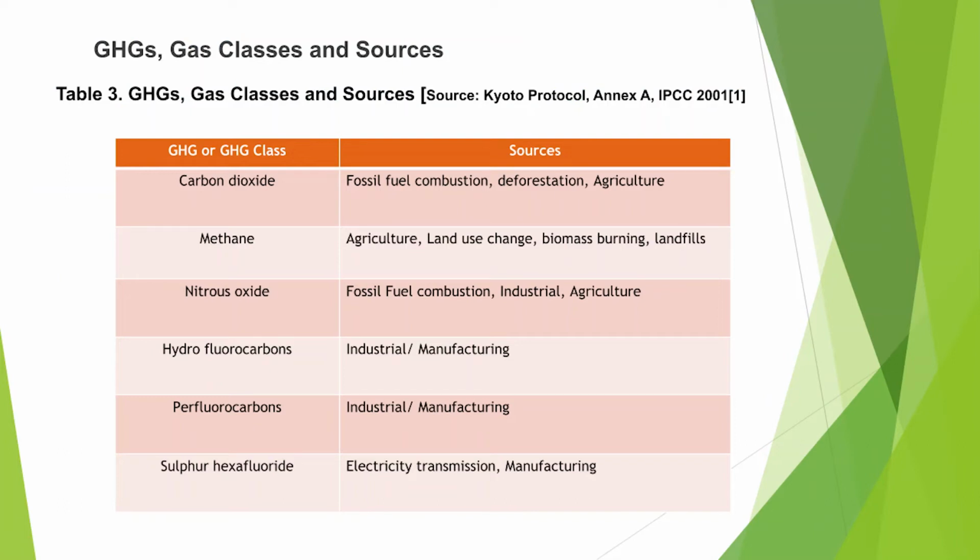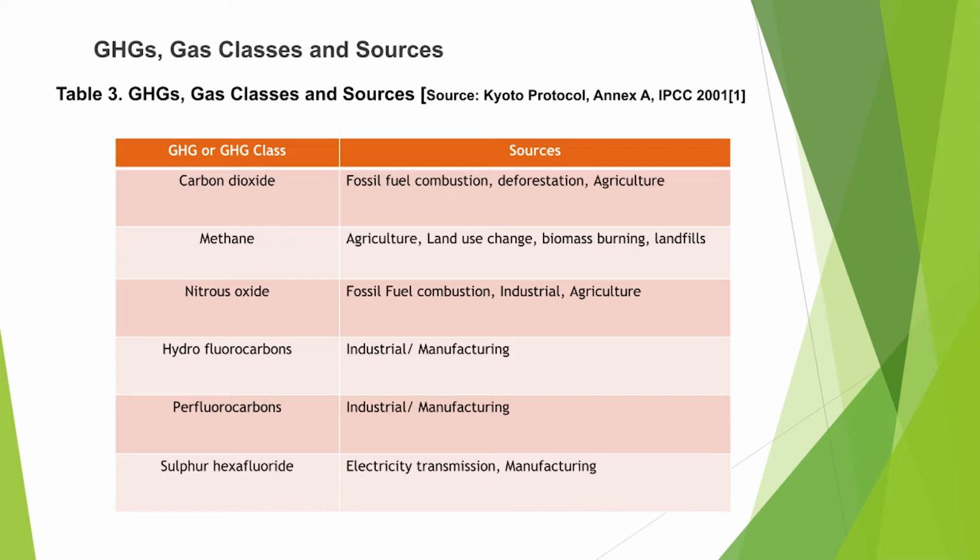In this table you can see the greenhouse gas emissions and the sources which are responsible for them. As you know, there are a total of 6 greenhouse gases included in these CDM projects. The first is carbon dioxide, and the sources are fossil fuel combustion, deforestation and agriculture. For methane, the main sources are agriculture, land use change, biomass burning and landfills.